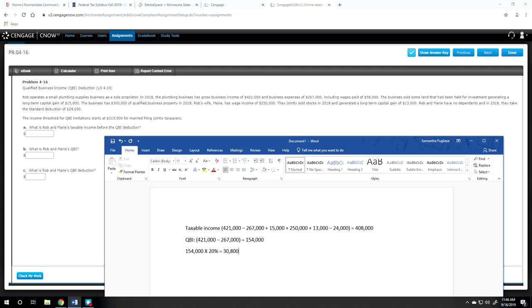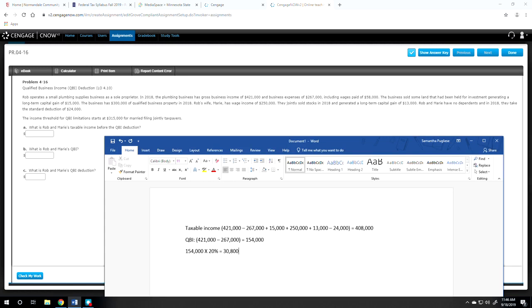So down there for learning objective 4.10, it says that the qualified business income deduction may not exceed 20% of taxable income. Okay, so that's important to know. But their taxable income, remember we decided their taxable income is $408,000.